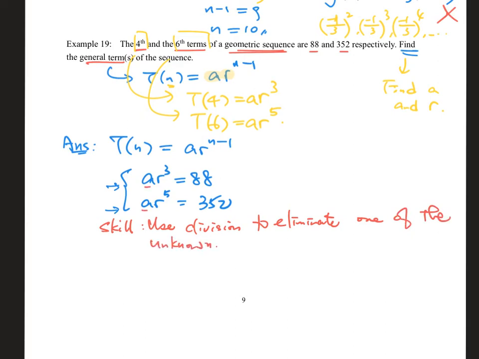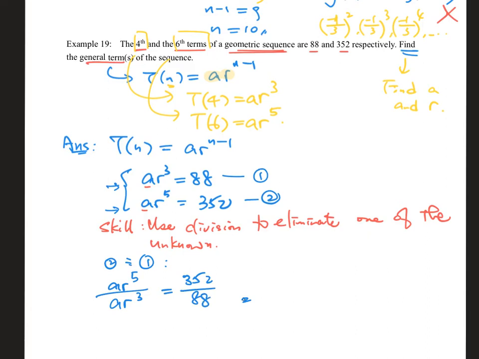Now can you see that in the question there's a and a? That will be the main target that we want to cancel. So please read it carefully afterward. Okay, so now I call them equation 1 and equation 2 as usual, but now I have equation 2 over equation 1 in my step, which is a r to the power 5 divided by a r cubed, which gives you 352 over 88.